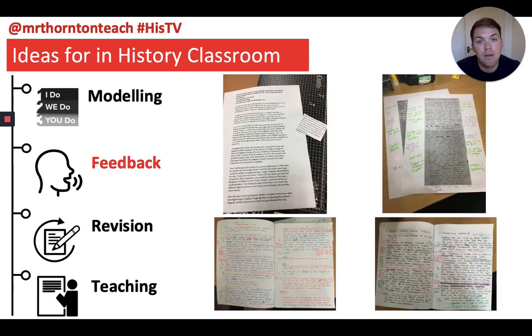Next is feedback, and this is one of the things that I probably use my visualizer for equally to modelling. I use it for feedback every time we do a summative assessment, or any assessment really, in Key Stage 3 or 4. I will type up or photocopy the best student answers, the best of the best, and I will annotate and go through why they are so good within the classroom. So that's my examples here.